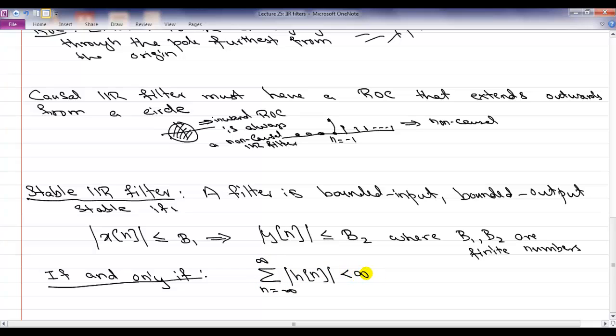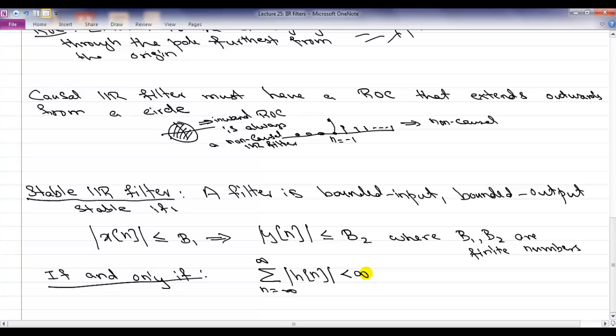Okay. The only way you can make your output blow up if your input is finite is if the total absolute sum of your impulse response is infinity. In the continuous domain, the same condition is given through an integration.